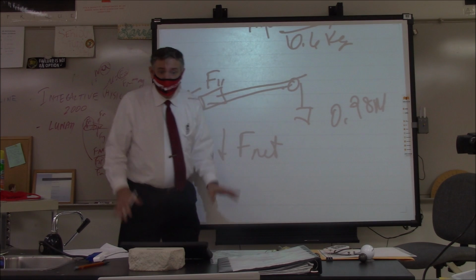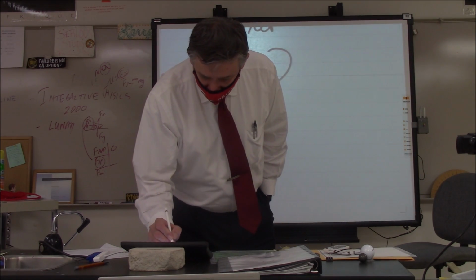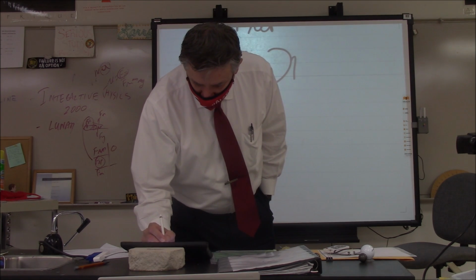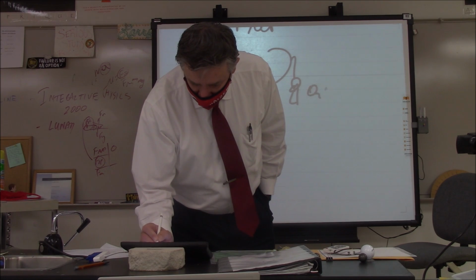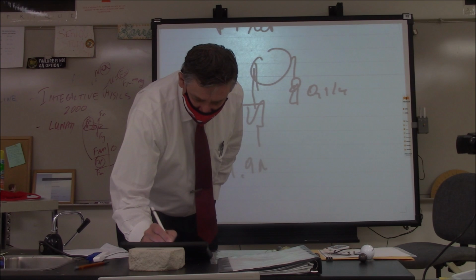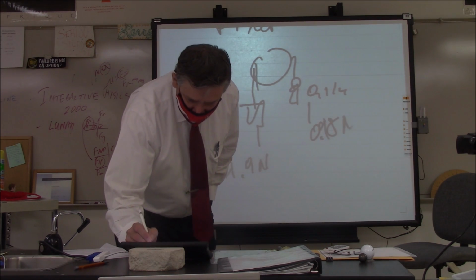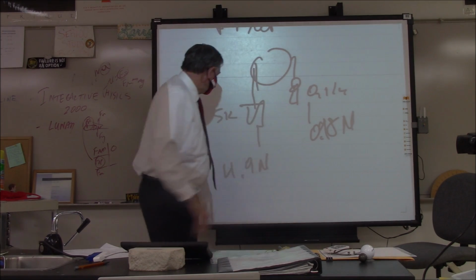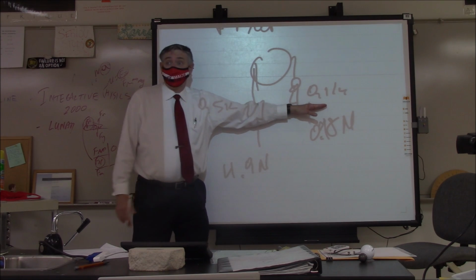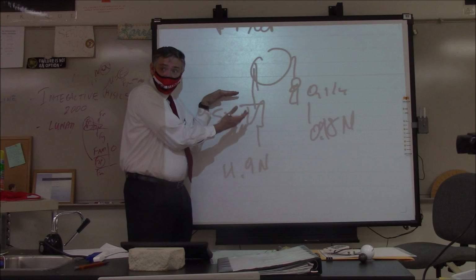Okay, that's it. Now, if you make it an Atwood machine where you have a pulley, and I've got 0.5 kilograms over here, and 0.1 kilograms here, so I've got a downward force of 4.9 newtons here, and 0.98 newtons force here. Now, with this one, the 0.5 here is going to drag the 0.1, because now there's no table balancing it out.